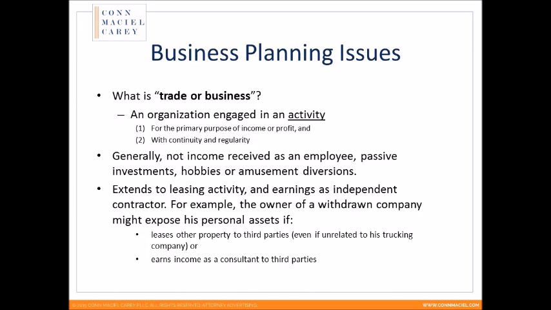Now we'll get down into some examples here in a second after we finish laying out the other prong of control group, which is a trade or business. You have to have a trade or business. What is that? Well, it's an organization engaged in an activity, one, for the primary purpose of income or profit, and two, with continuity and regularity. Well, what does that mean? We'll start with sort of what it doesn't mean generally is if you're working as an employee, that's not a trade or business.